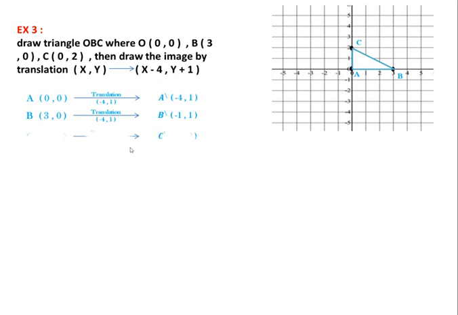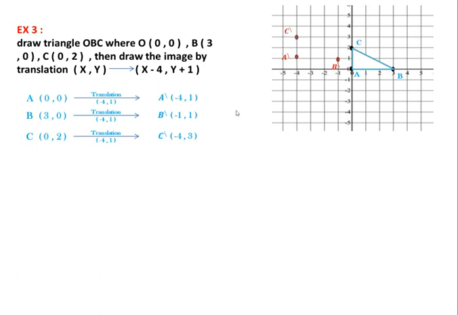By the same way, you get the image of the point C. 0 plus negative 4 will be negative 4, and 2 plus 1 will be 3. Then locate the points A dash, B dash, C dash on the coordinate plane: A dash (-4, 1), B dash (-1, 1), C dash (-4, 3).